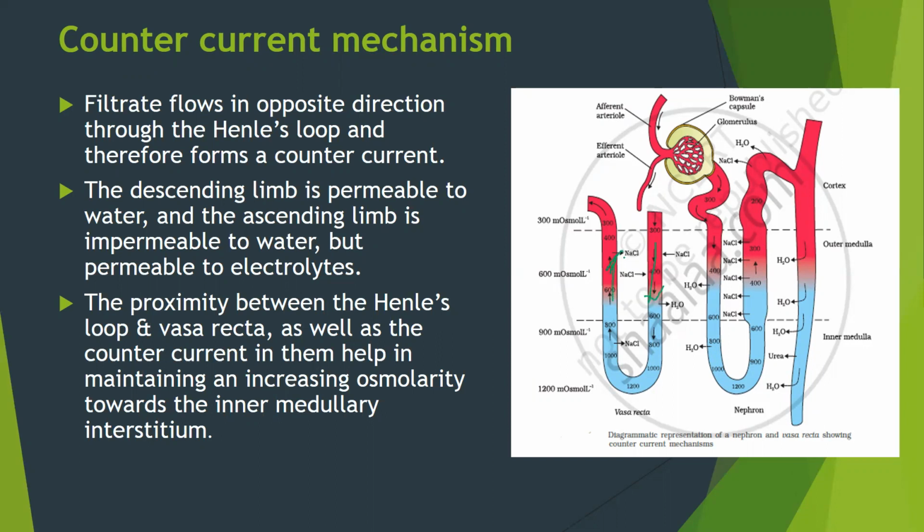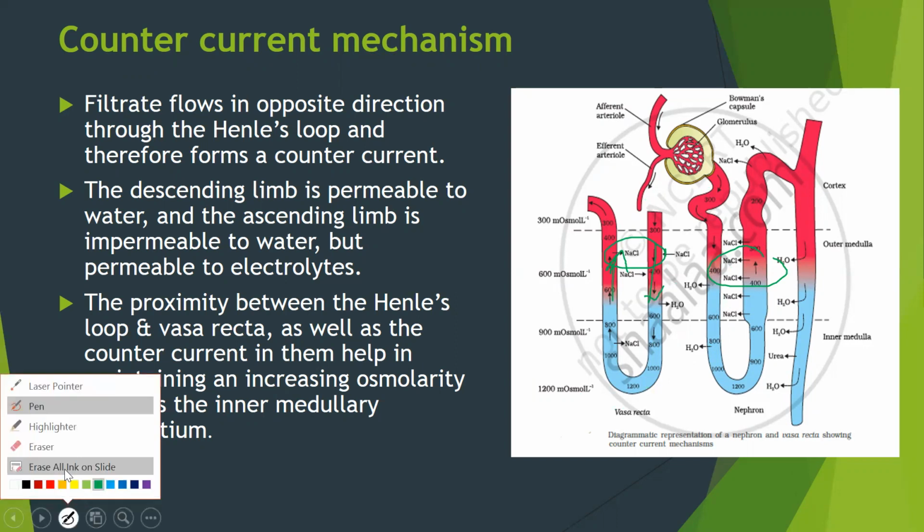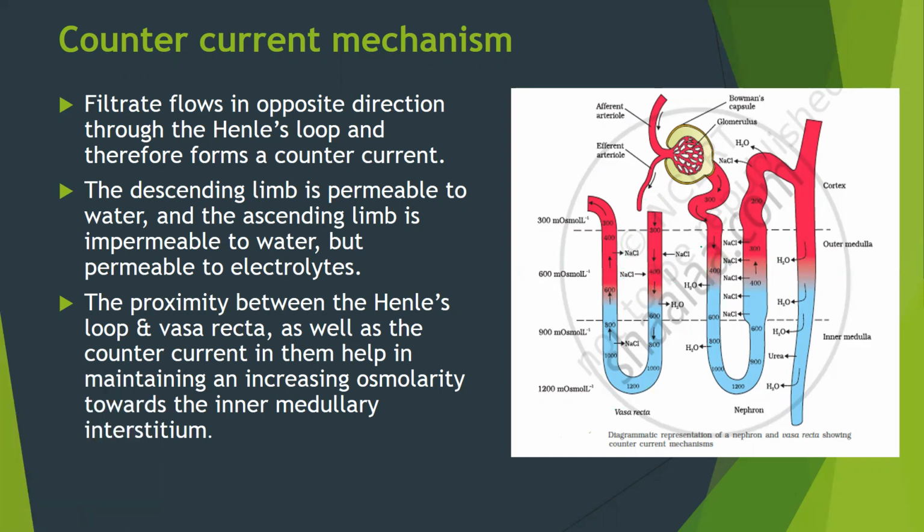So it forms a counter current. The two vasa recta limbs form a counter current, and the vasa recta and the loop of Henle also form a counter current. The filtrate flows in opposite directions through the loop of Henle, so it forms a counter current. The descending limb is permeable to water.